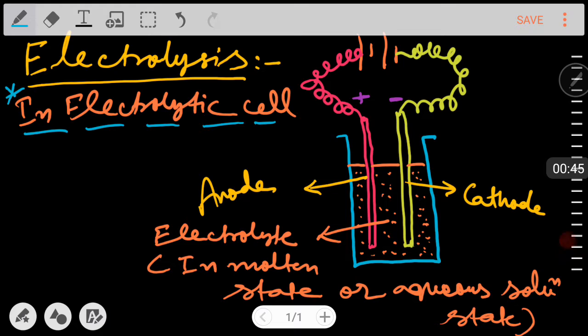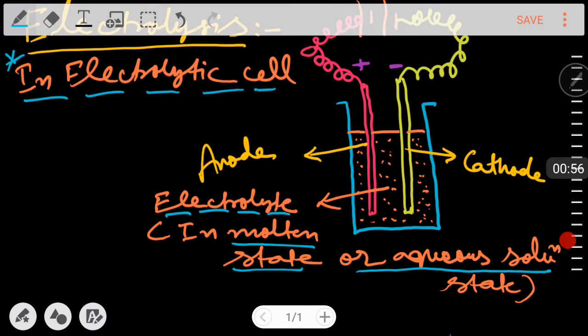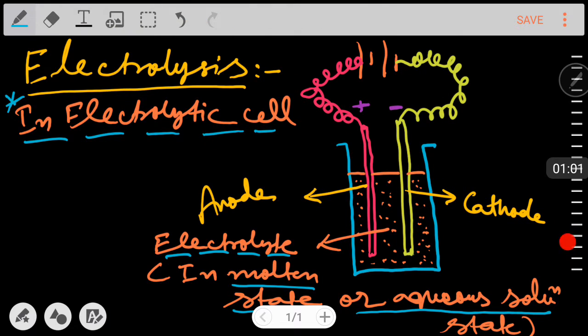In the electrolytic cell, we take the electrolyte in either molten state or aqueous solution state. It is shown by orange colored dots.